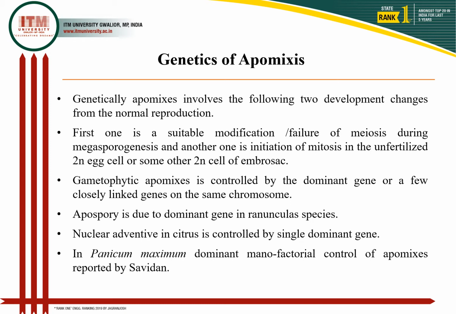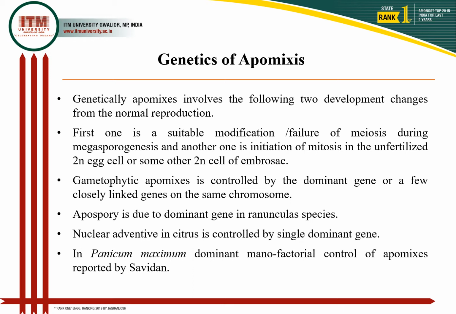So gametophytic apomixis is related to apomixis through the gametophytic cells, while sporophytic apomixis is related to sporophytic cells. Gametophytic apomixis is controlled by a dominant gene or sometimes linked genes on the same chromosome, and apospory is also due to dominant genes and has been reported in Ranunculus species.